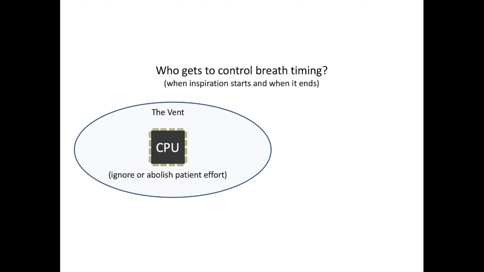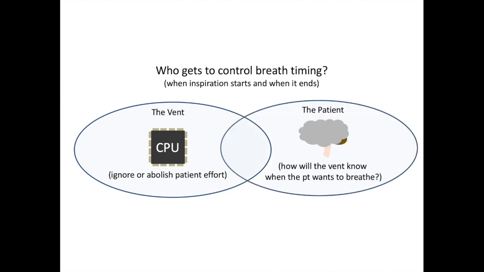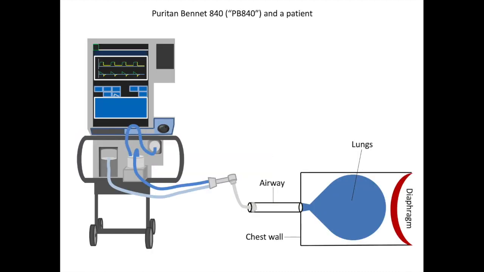On the other side, you could give the patient complete control over when inspiration starts and when inspiration ends, but there has to be some signal that travels from the patient to the ventilator to tell the ventilator this is when inspiration is, so this is when you need to provide the support, provide that pressure from the ventilator. Remember that the connection between the patient and the ventilator for most modern ventilators is only this tubing.